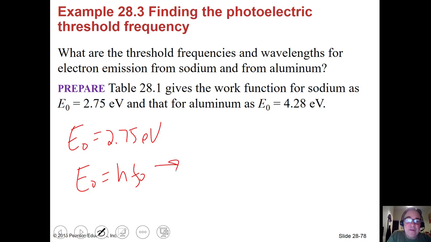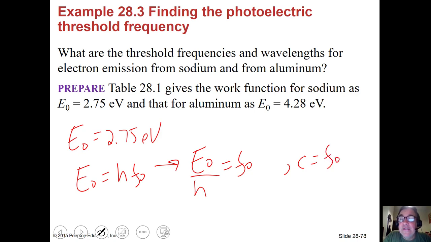So if you want to solve for the cutoff frequency, take the work function divided by h. That will give you this frequency. And then once you have that frequency, I'll leave this part to you, you can get the wavelength from this formula: frequency times the wavelength equals the speed of light, so speed of light divided by that frequency will give you the wavelength.